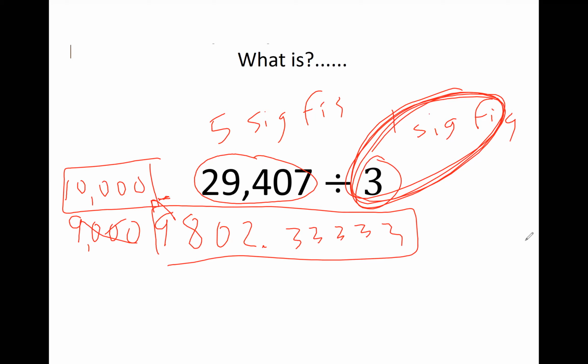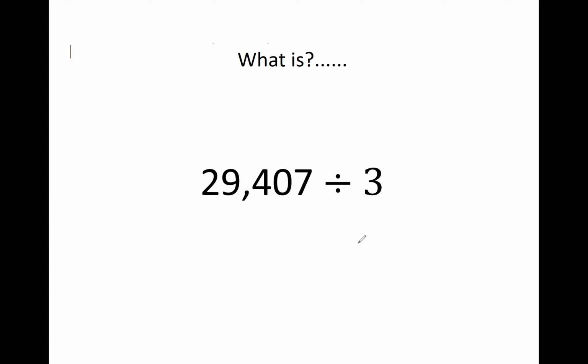All right, so the rule here that you guys need to get down is whenever you're multiplying or dividing, you look at the 2 input numbers and whichever number has the least number of sig figs, that's the one that determines how many sig figs you're allowed in your final answer. Okay, what about if you're adding or subtracting?